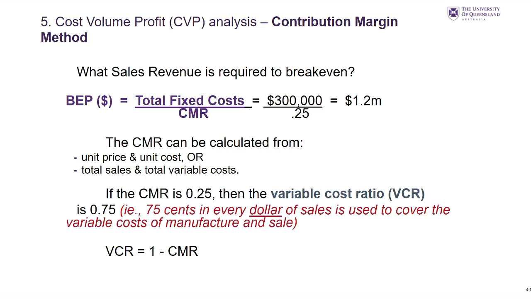So the variable cost ratio is just the proportion of our sales price that covers the variable costs. And you can also come to that by taking 1 minus the contribution margin. So they're all just iterations of the same relationship.